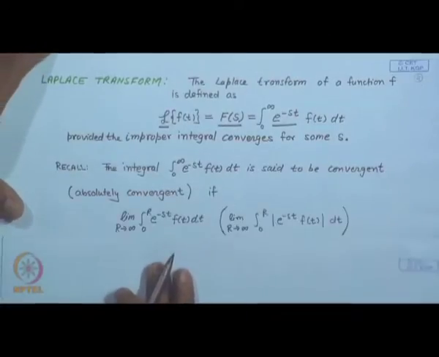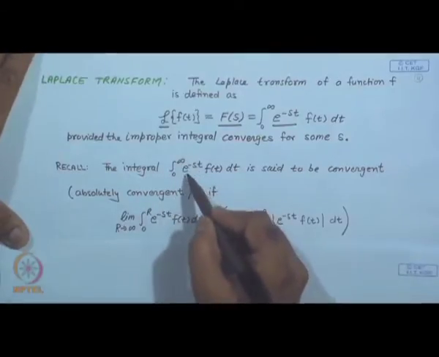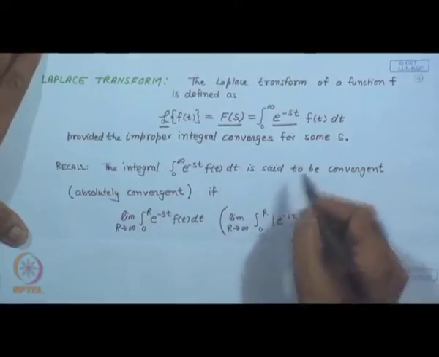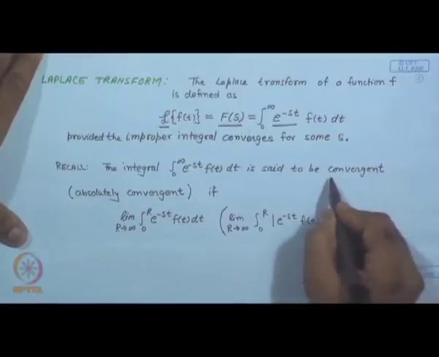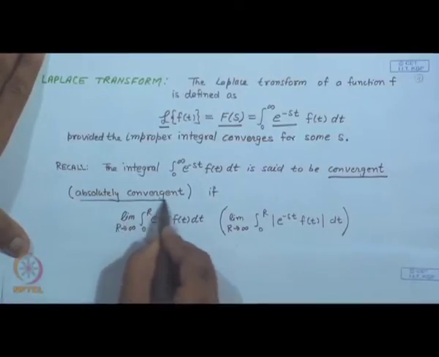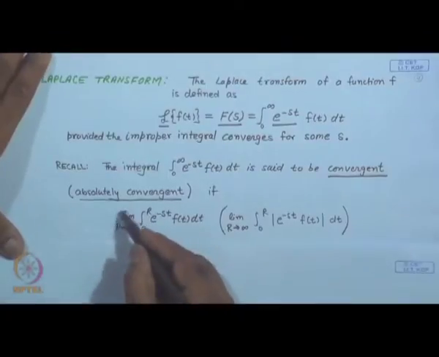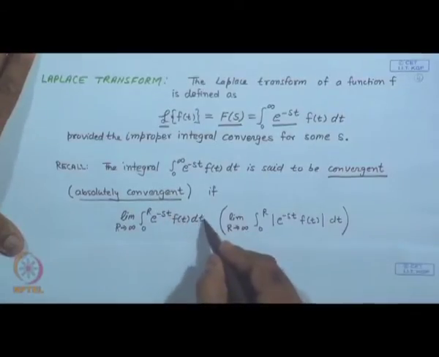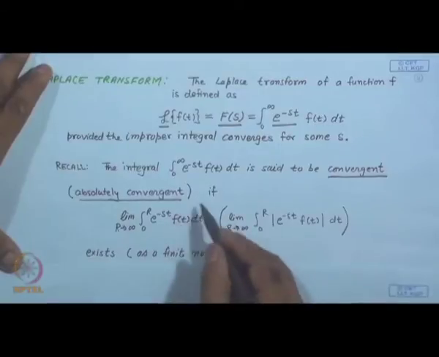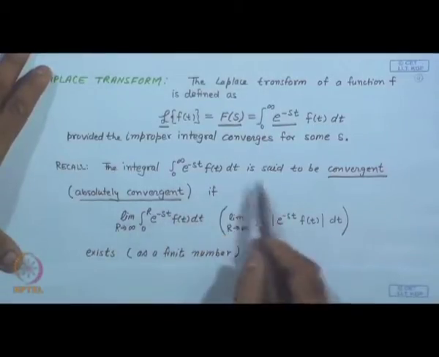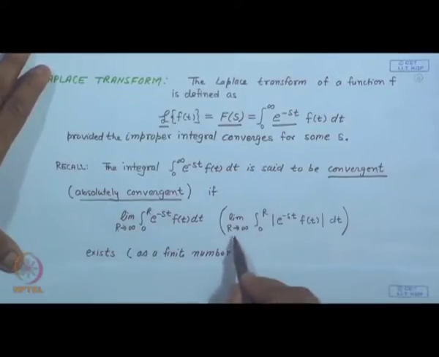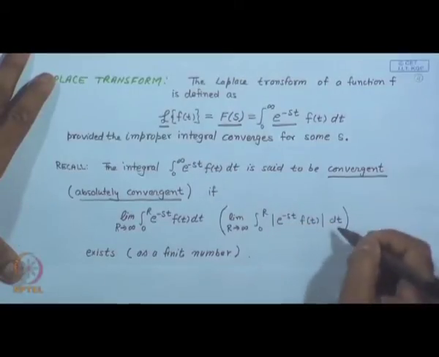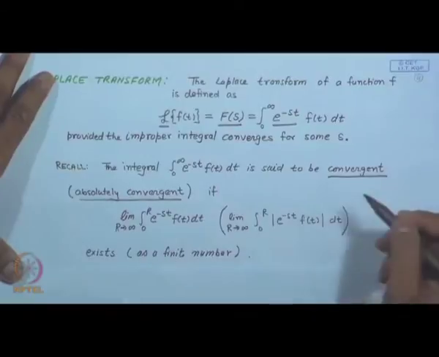Just to recall, the integral from 0 to infinity of e^(-st) f(t) dt, or any improper integral, is said to be convergent if the limit as r tends to infinity of the integral from 0 to r of e^(-st) f(t) dt exists as a finite number, or this integral is said to be absolutely convergent if the limit as r tends to infinity of the integral from 0 to r of the absolute value of the integrand dt exists as a finite number.